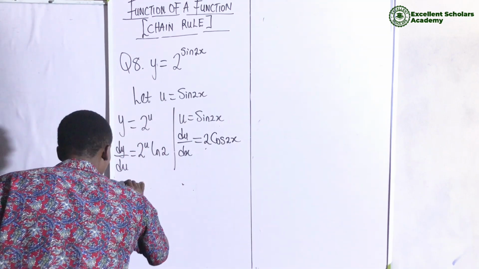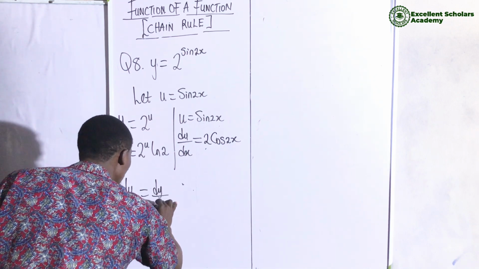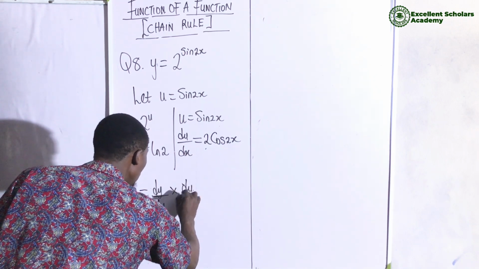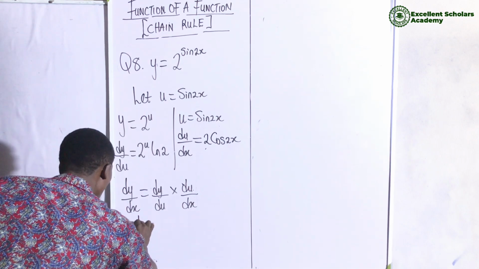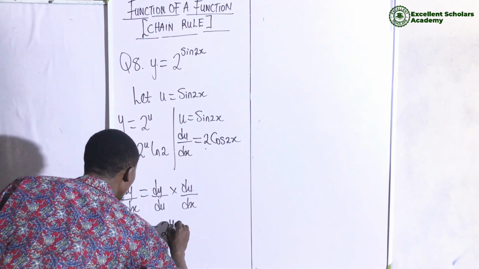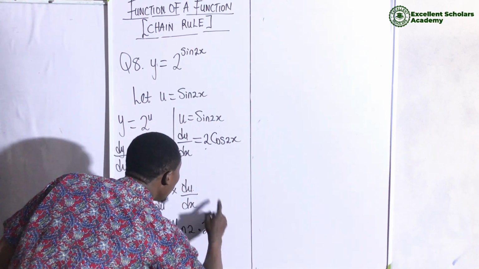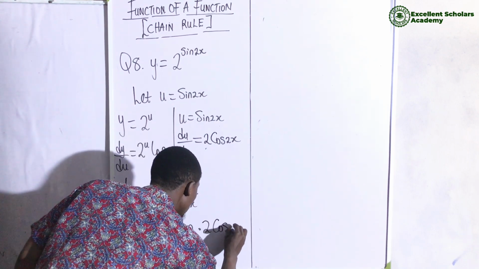So now finally our dy dx is going to be equal to dy du times du dx. So our dy dx is going to be equal to 2 to the power of u ln 2 multiplied by 2 cos 2x.